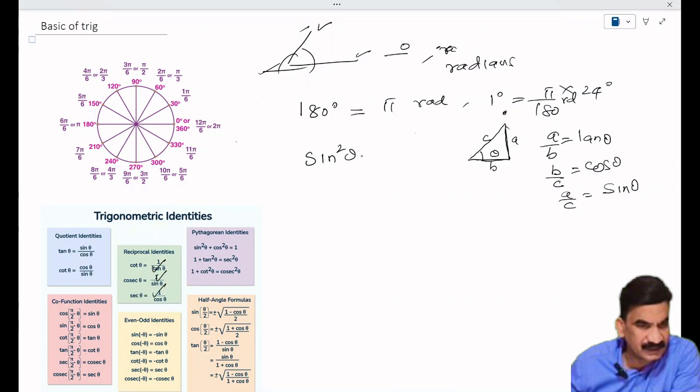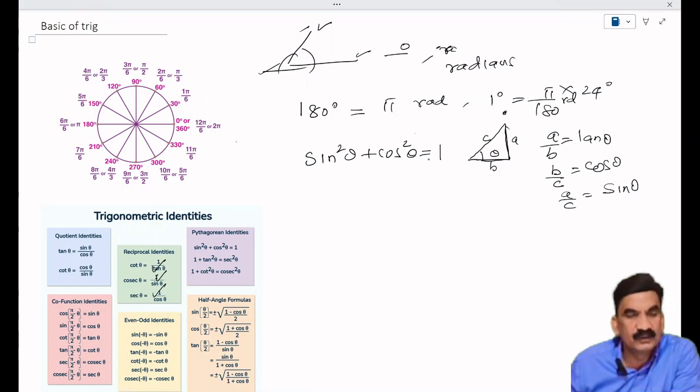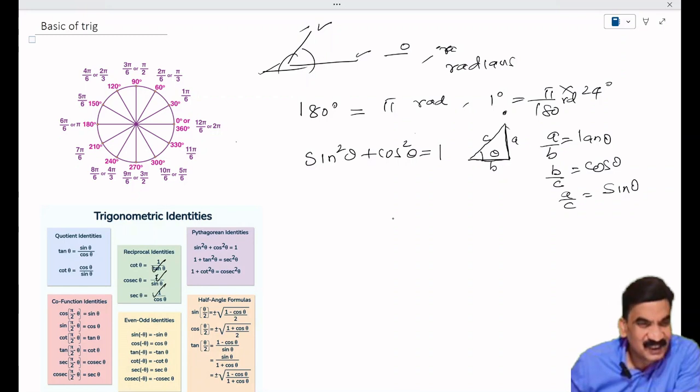It's called sine square theta plus cos square theta is equal to 1. Nobody is going to ask you to show this or use it directly, but yes, this is the base of almost all the trigonometric problems.